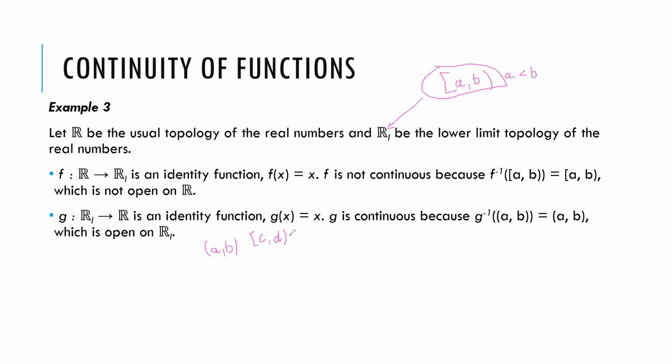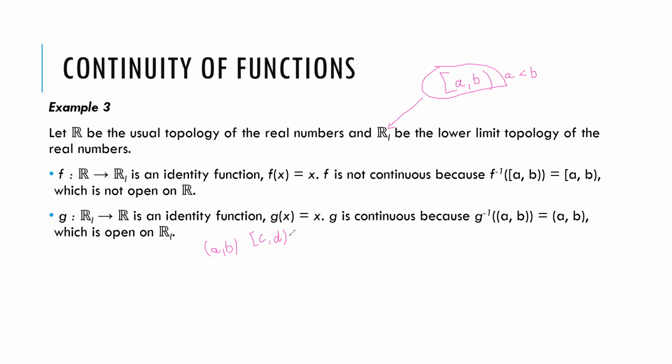Yeah, I think so. How do we show that the open interval (a, b) is actually open? I think we did this kind of problem when we introduced the lower limit topology. And you're right, you try to write (a, b) as a union of this kind of half-open, half-closed interval.